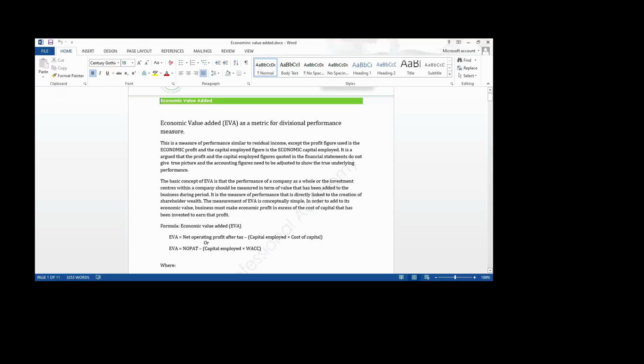What are these conventions? One is accounting depreciation. It's a convention in accounts to account for depreciation.